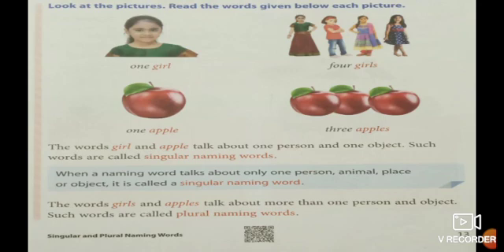It's written 4 girls, 3 apples, means we are talking about more than one. And when we talk about more than one person, more than one object, more than one animal, whatever it is, it is called plural naming words. So children, whenever we talk about more than one, it is called plural naming words.